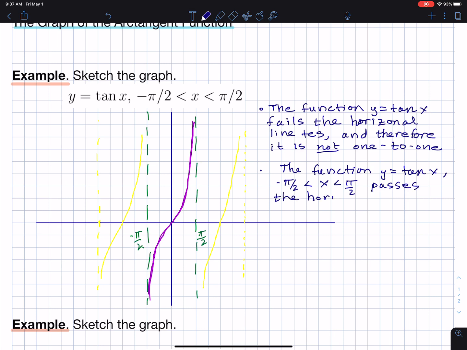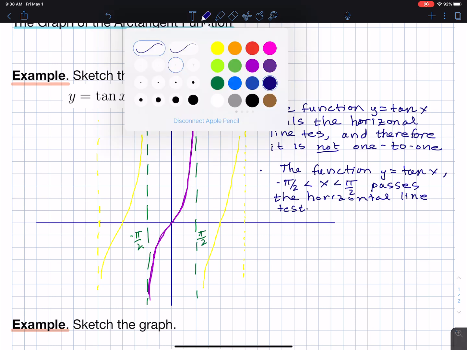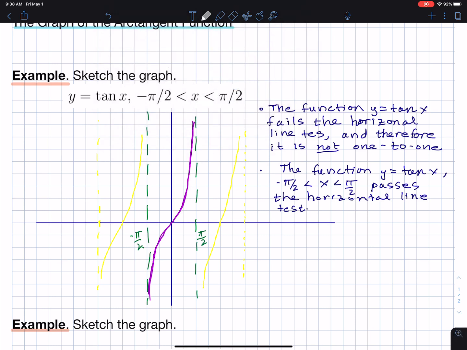The horizontal line test means that if I draw any horizontal line, it intersects at most one time. So you can just draw a horizontal line here, and we can see that it only intersects one time.